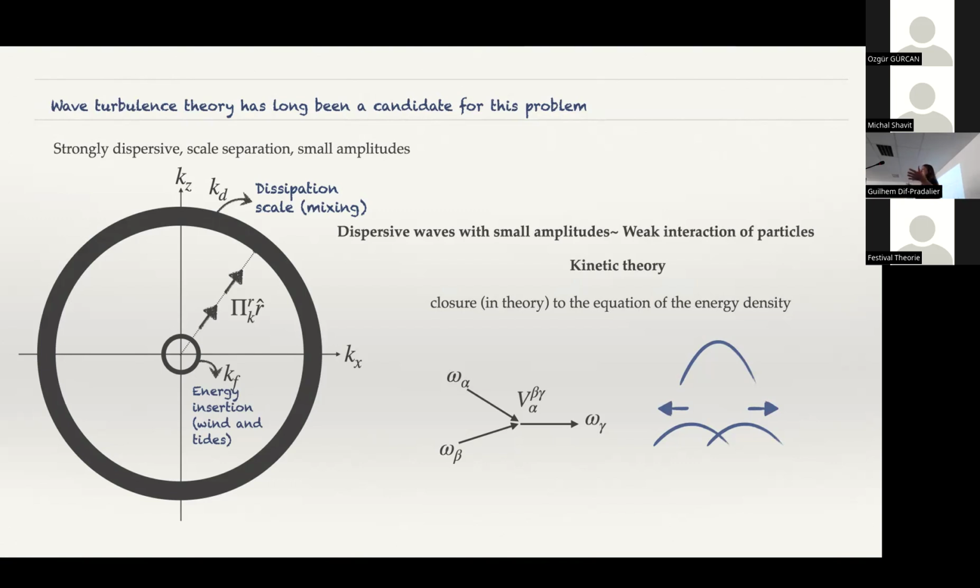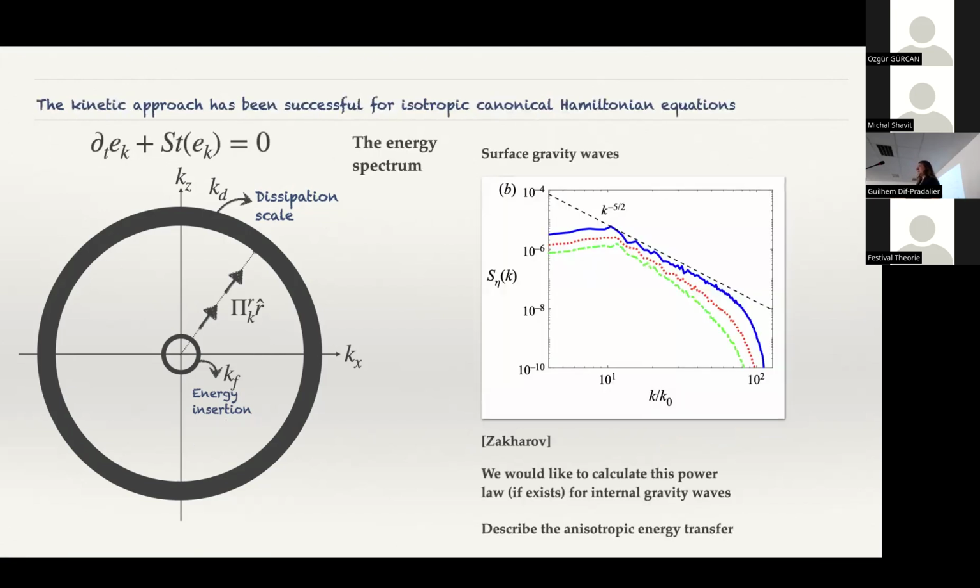But if you put them in a bounded domain and they have enough space to interact, but the amplitudes are small, you can think about them as weakly interacting particles. And then you can think about writing something in the spirit of the Boltzmann equation, a kinetic equation that describes weak interaction of waves. This is the approach of wave turbulence, or kinetic theory. And it was successful in some cases.